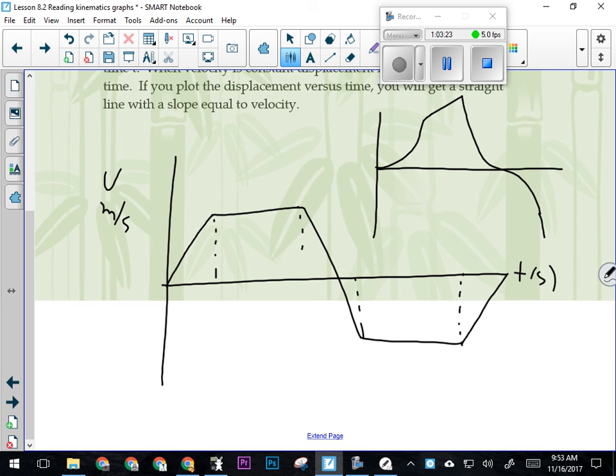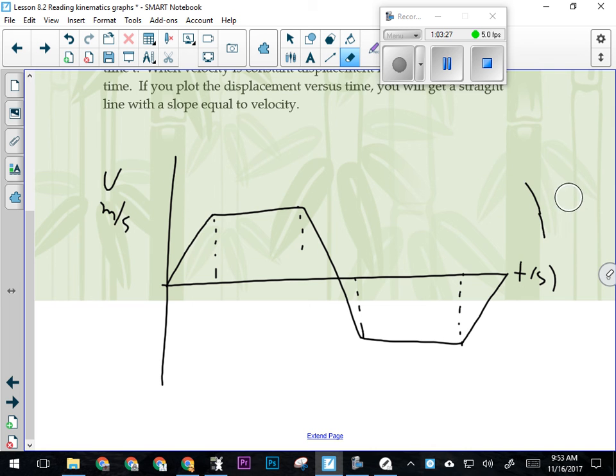I'm trying to picture that in my head. You will not have to do that. That's a mess. But yes, it would have a lot of curves on it, and then diagonal lines where it's traveling at a constant velocity and so on, right?